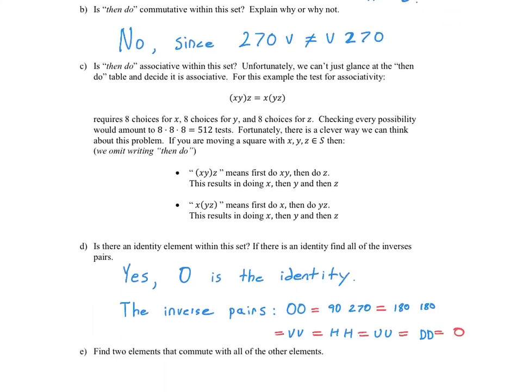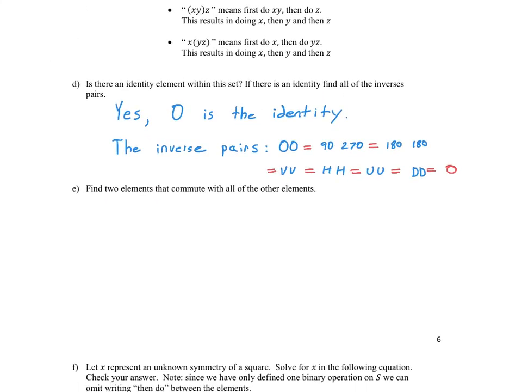Okay, so we're ready to answer our question now. So we can say that if we write 0x, it's the exact same thing as writing x0 for every symmetry x. And the same goes for 180. 180x is the same as x180.